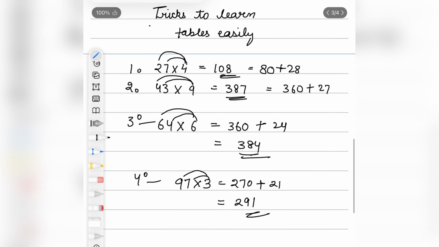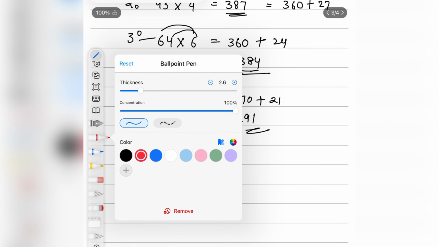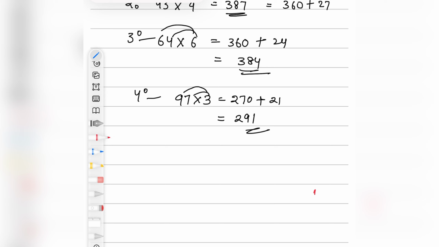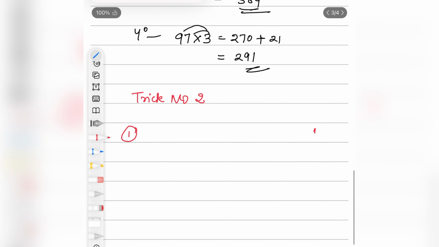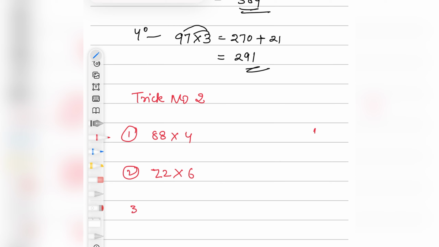Now let's see another trick to multiply numbers. If you find numbers like these, what you have to do, you can see here that 88 can be obtained by 11 into 8. 22 can be obtained by 11 into 2.